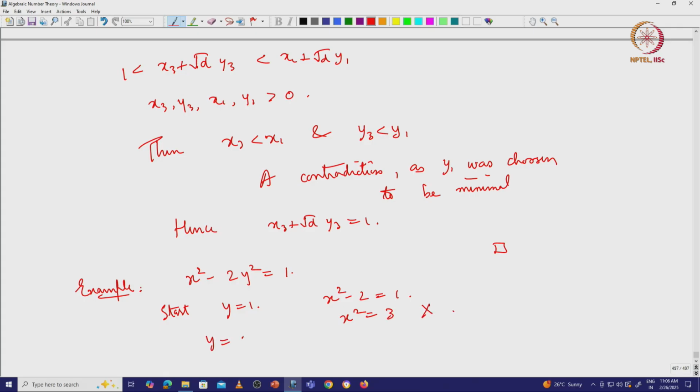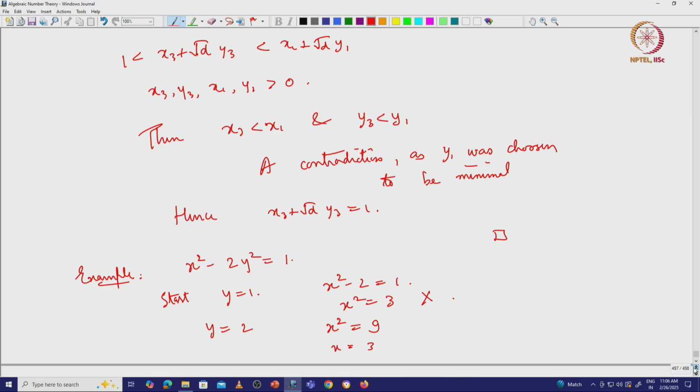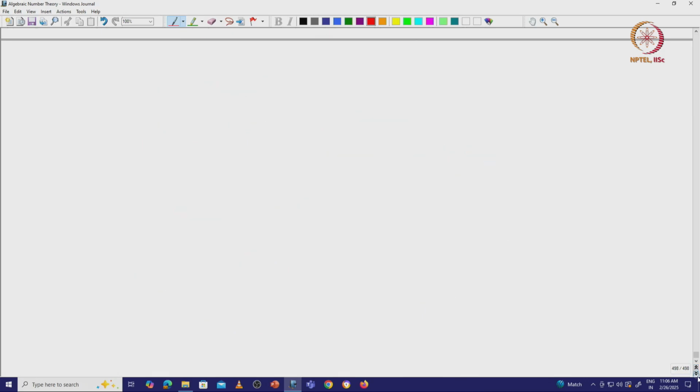So you take y to be 2 and you get x squared is equal to 9 and you get a solution, right. So x is equal to 3 or minus 3, it does not matter up to sign, right. And so 3 plus 2 square root of 2 is a fundamental solution.